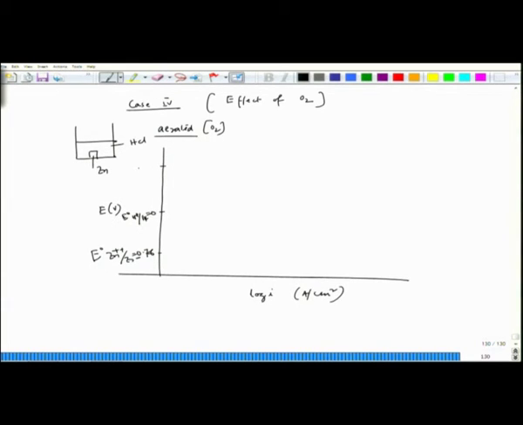In the case of acid medium, oxygen reduction is like this. This is oxygen reduction, and the potential E0 equal to 1.227 volt. So, I put it as 1.227 volt equal to E0 oxygen.